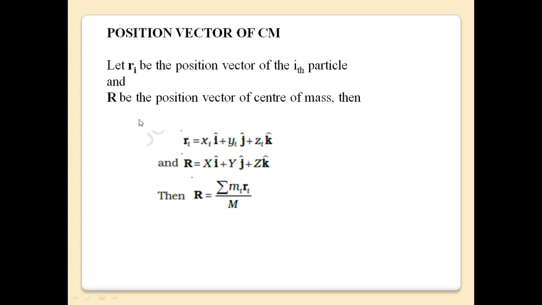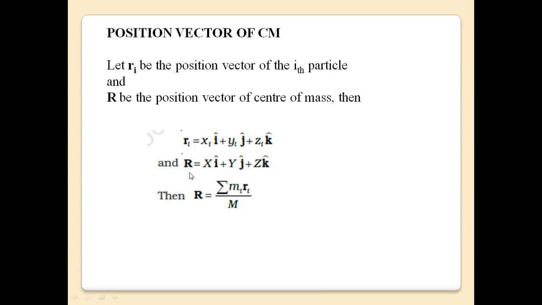Then we have ri equal to xi i plus yi j plus zi k. You know i, j and k are unit vectors, so i cap, j cap and k cap can be represented in a three-dimensional plane as ri equal to xi into i cap plus yi into j cap plus zi into k cap.